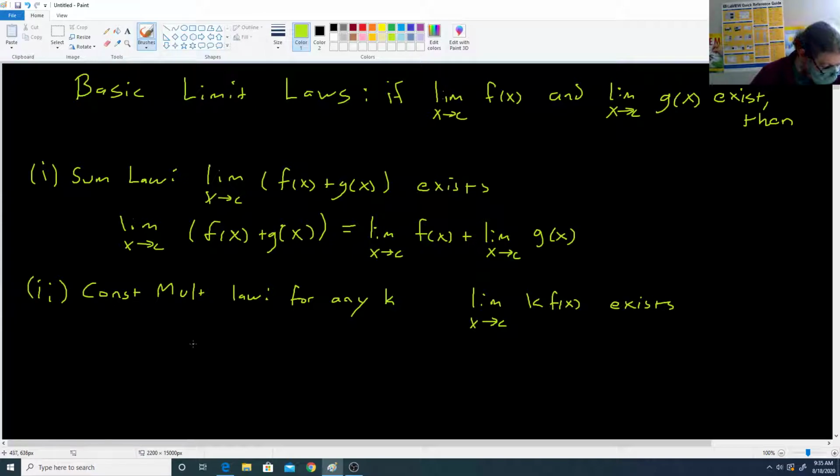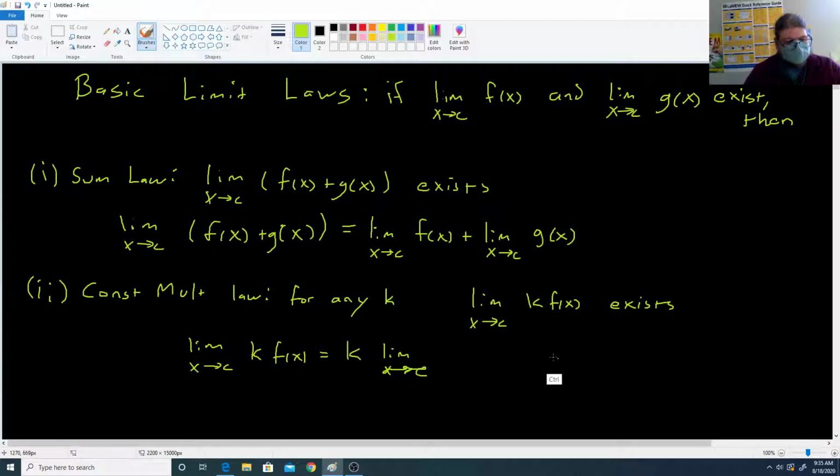And furthermore, with this, you're able to pull the k out front of the limit, and the limit as x approaches c of k times f of x will be k times the limit as x approaches c of f of x.